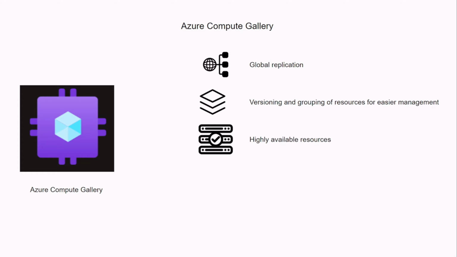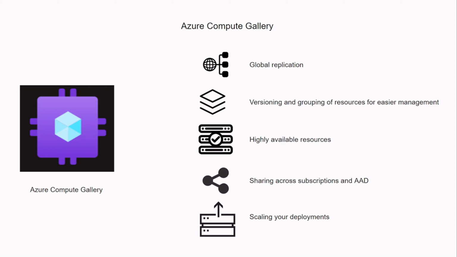ZRS offers better resilience against zonal failures. Premium storage support, sharing to the community across subscriptions and between Active Directory tenants. Scaling your deployments with resource replicas in each region.